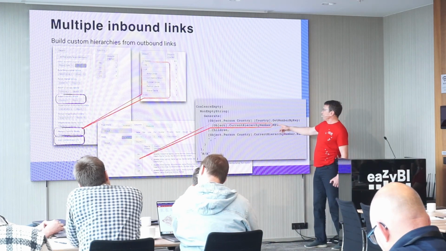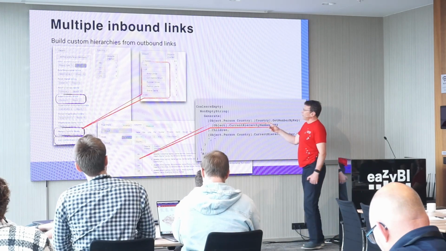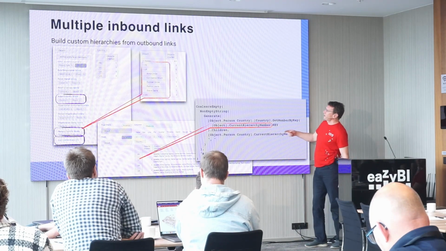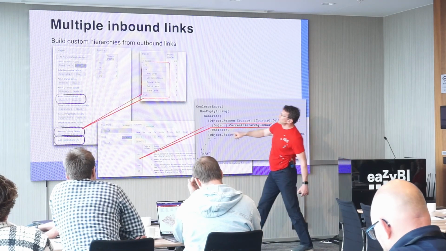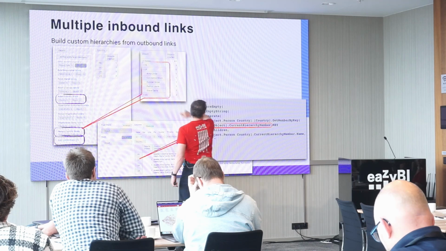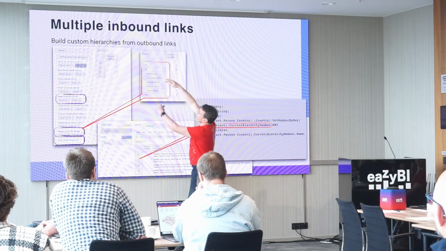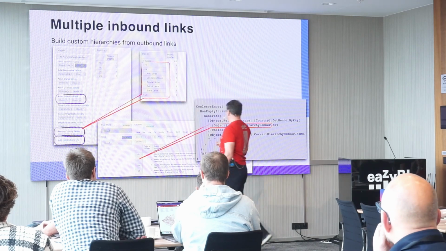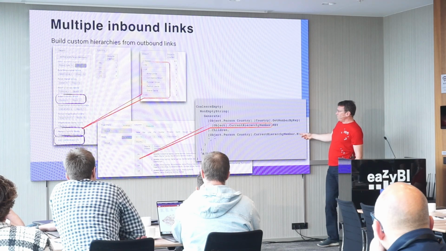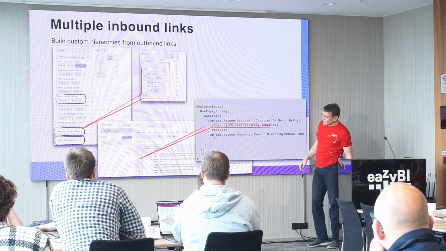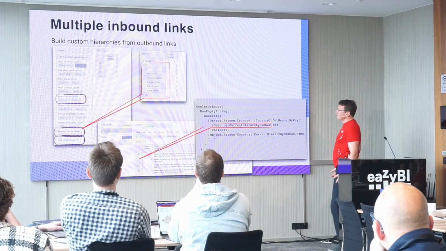I switch from the country to the other hierarchy, the person country hierarchy, country level, and then I take children, wrap it in the generate function and print out the usernames. That's how it works here.